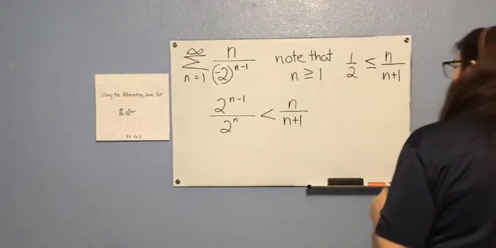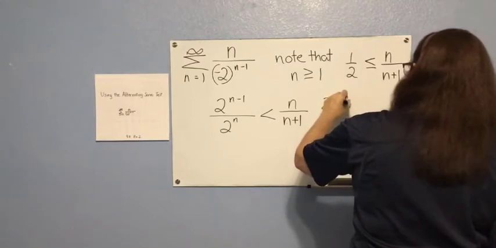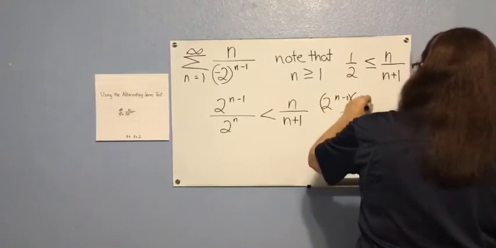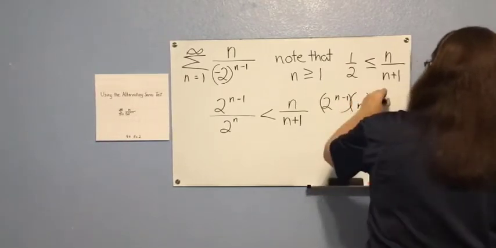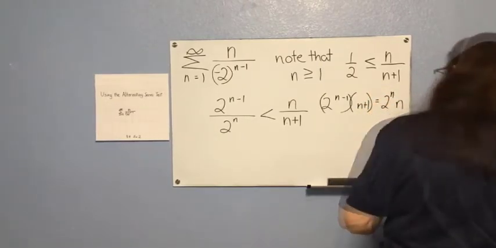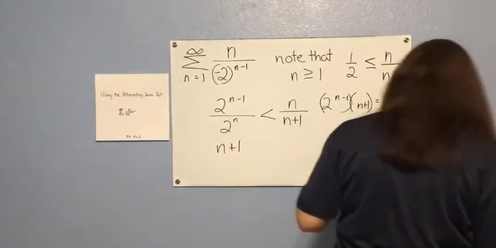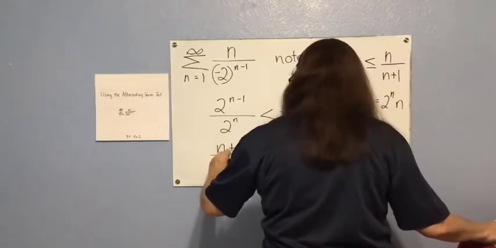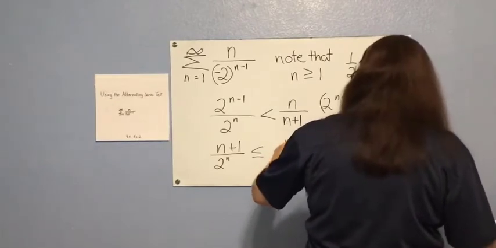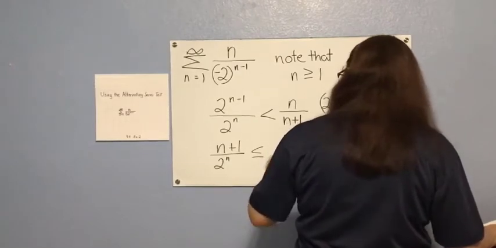I'm going to cross multiply now and see that 2 to the n minus 1 times n plus 1 is equal to 2 to the n times n. This lets me say that n plus 1 over 2 to the n is less than or equal to n over 2 to the n minus 1.